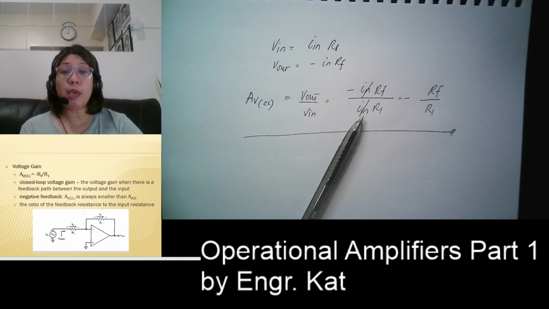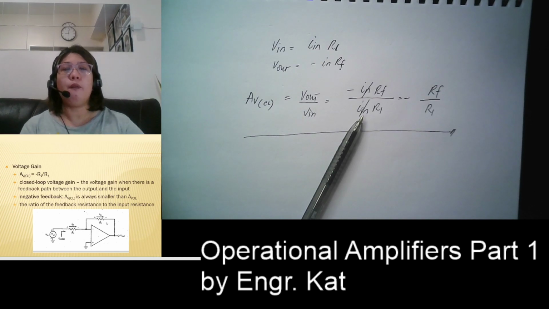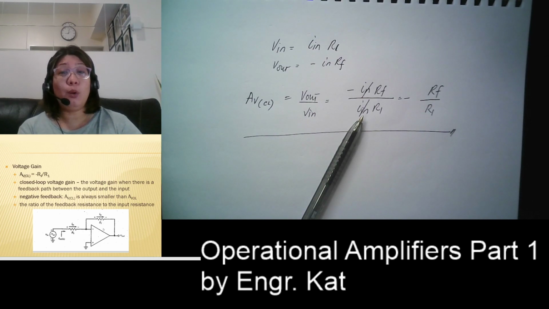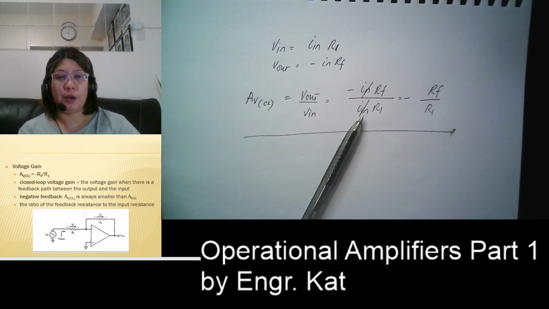But because we make use of feedback, we reduce that to a more usable and more practical value of voltage gain. So this is how your inverting amplifier will look compared to a common emitter configuration when we make use of an op amp. All you need is the value of your feedback resistance and your R1 here.